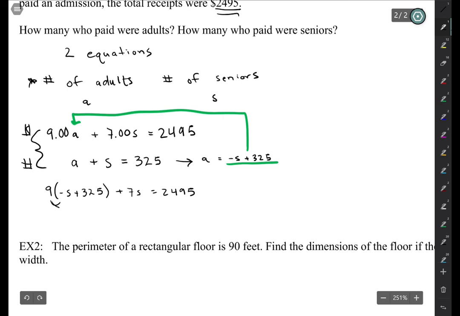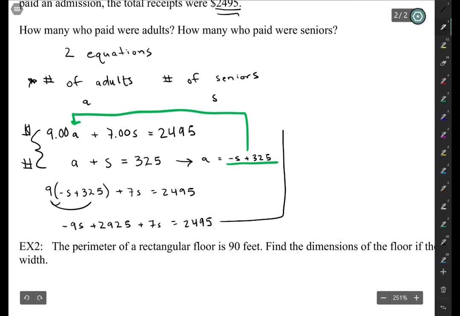So I'm distributing negative 9S. I'm going to use my calculator here. 9 times 325 is 2925. Add another S, and that's equal to 2,495.